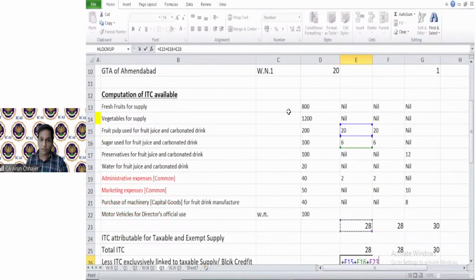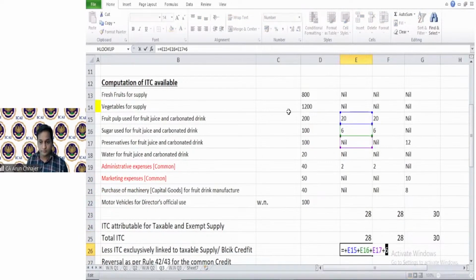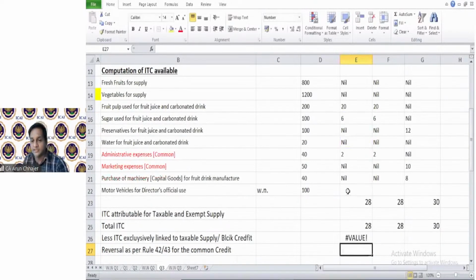Sugar is also for block credit, completely taxable supplies. Preservative, again, water, there is no concept of tax at all. Then administrative and marketing, it is not T1, not T2, not T3, not T4. Okay. Purchase of machinery, it is exclusively linked to the taxable supplies. I can say this one.